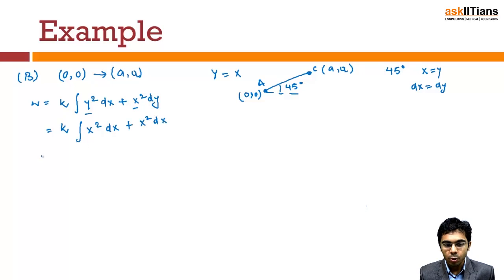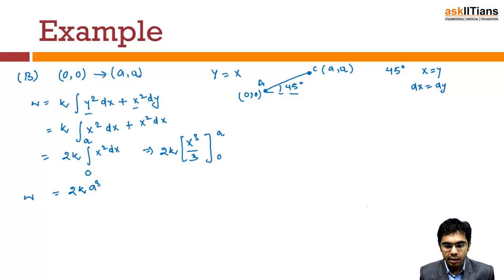So this will come out to be 2k integration x square dx. Let's take the limits, x going from 0 to a. So this will come out to be x cube by 3 with 2k, which is multiplied outside, with the limits 0 to a. So this will come out to be the total work done going from A to C, which is 2k a cube divided by 3.